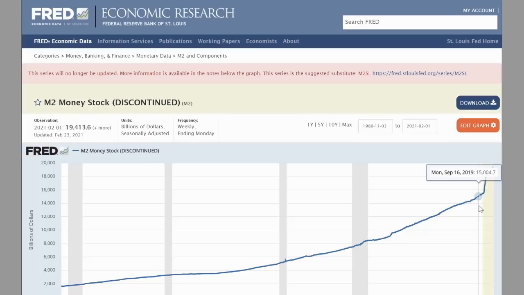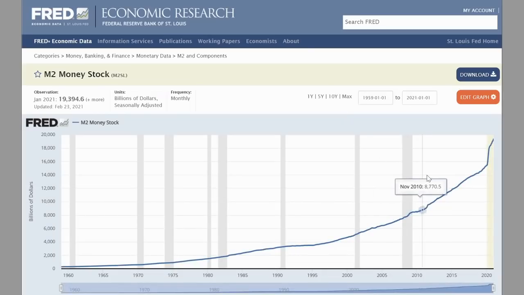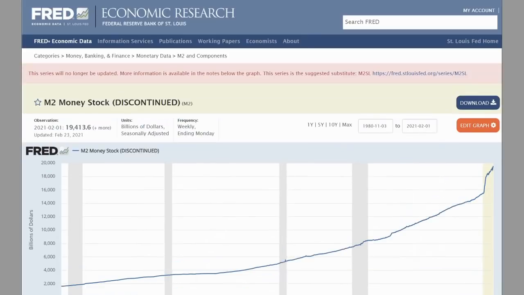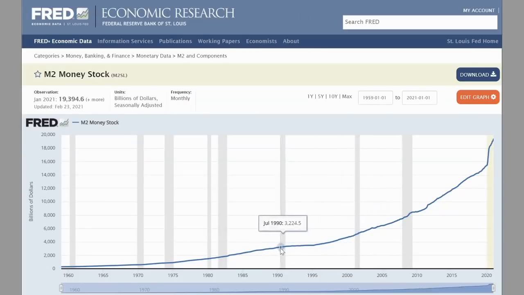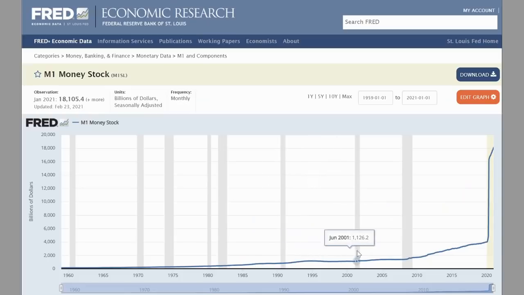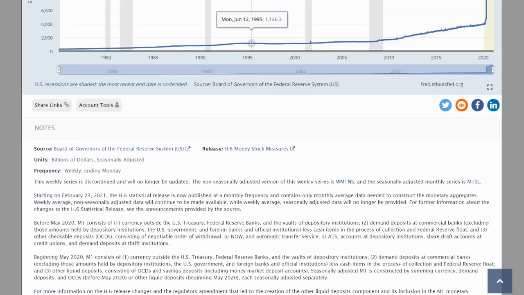And in a way, it kind of doesn't matter how it comes across. But look at these charts. You can see the lines have changed a little bit between these two charts, from a weekly to a monthly average.